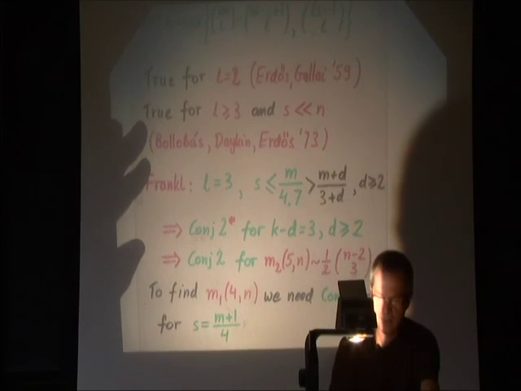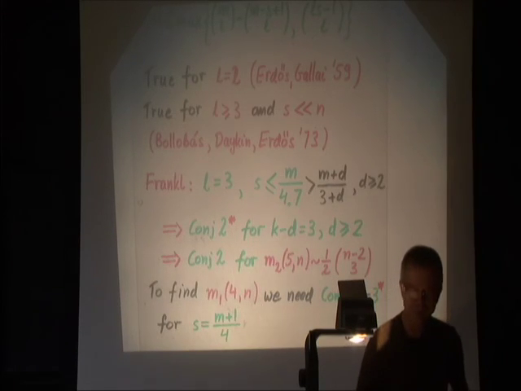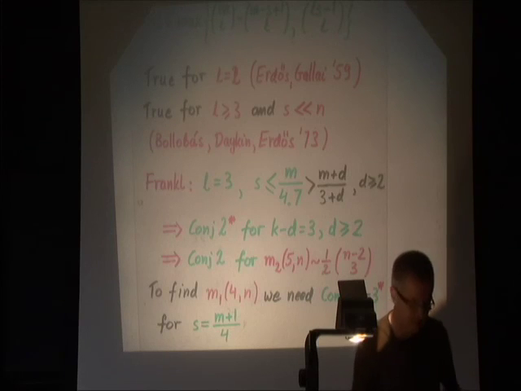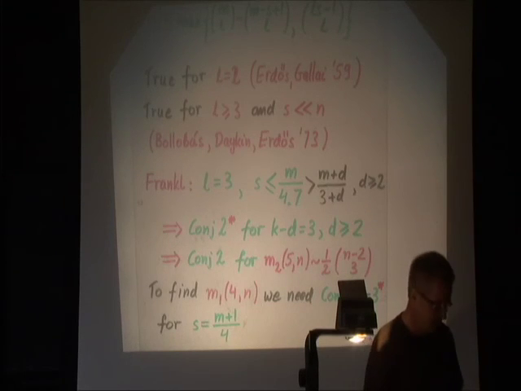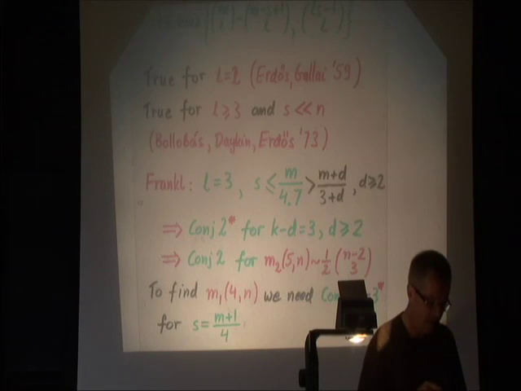To get this one, we would need Frankl to improve it to basically m over 4. But I just learned that a student of Andrzej Rucinski just computed this number precisely. His name is Khan, not like Jeff Kahn.